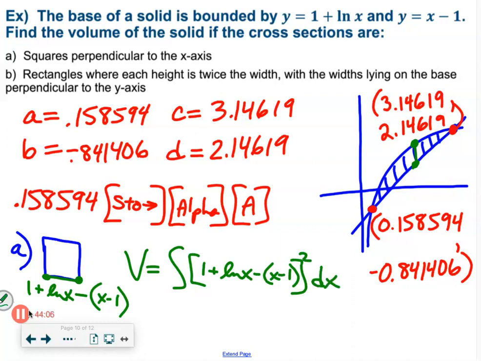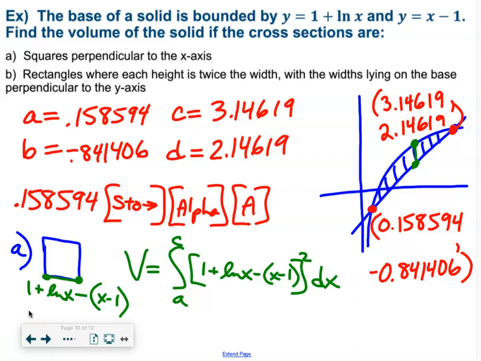Now we need our limits. With letters, tell me what our limits are going to be. A to C. I want you to type this on the main window of your calculator using the letters for your limits. Don't type any numbers, just letters.